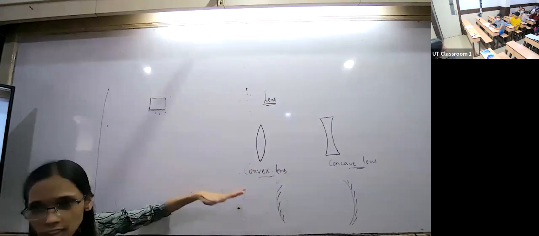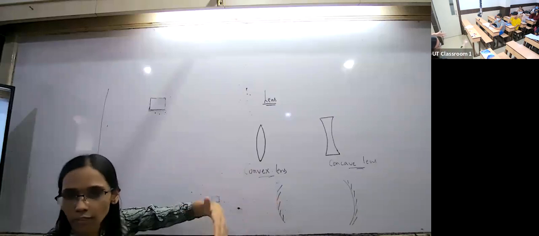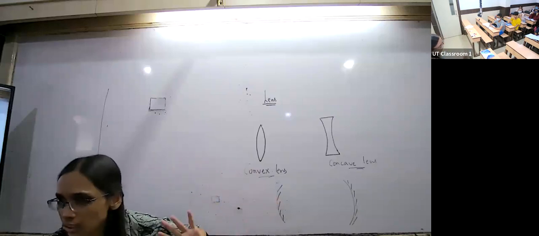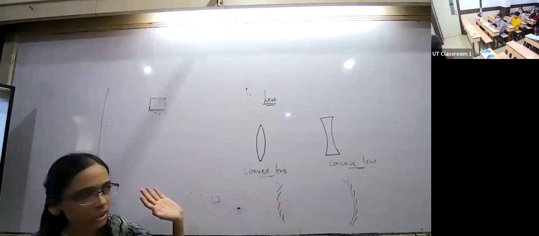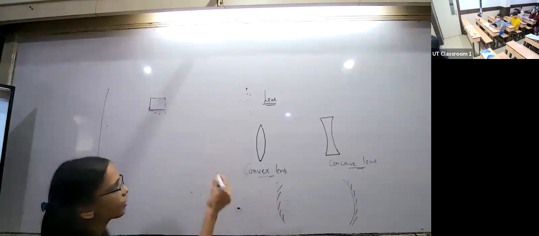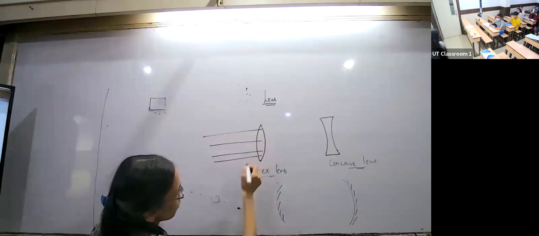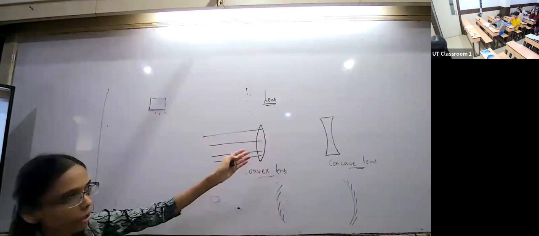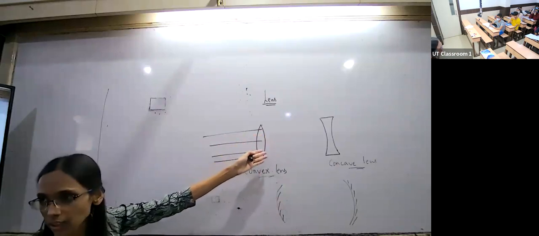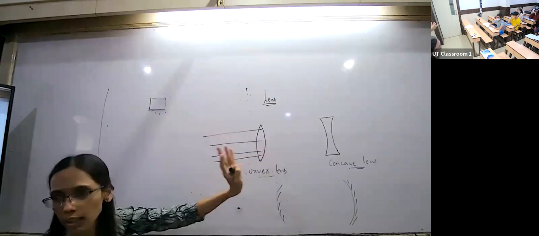What kind of rays? The parallel rays. So we will hit them with parallel rays, and wherever they meet, I will call that point the focus point. So when we hit our convex lens with a parallel stream of rays, since this is not a mirror but a lens, a refractive optical medium, the rays will pass through it.